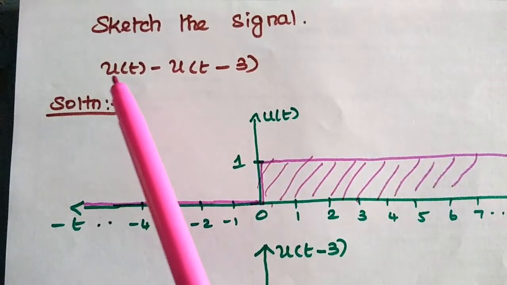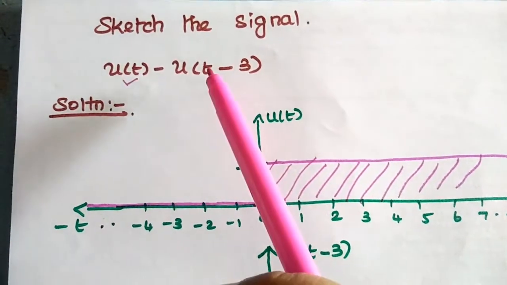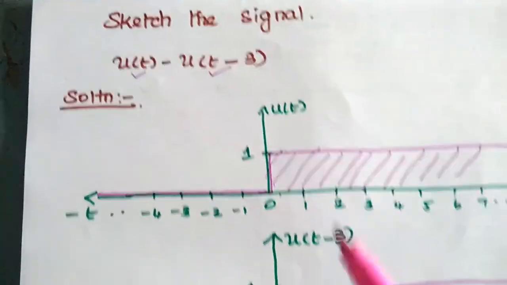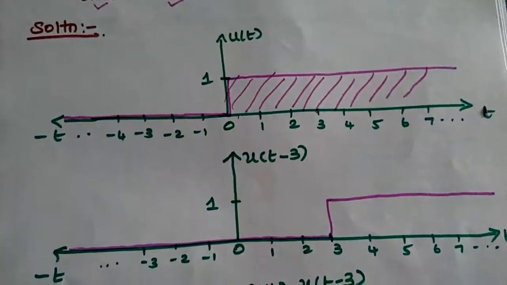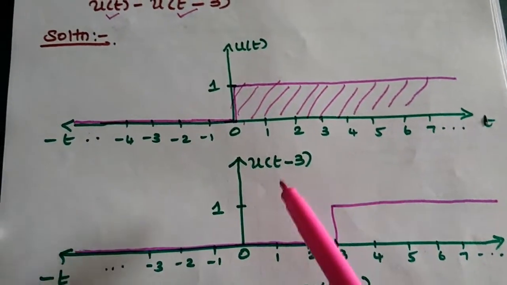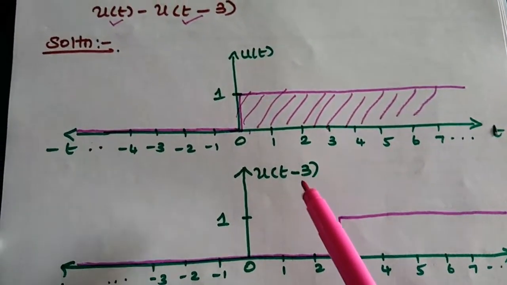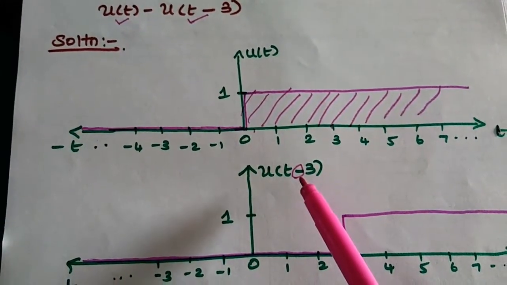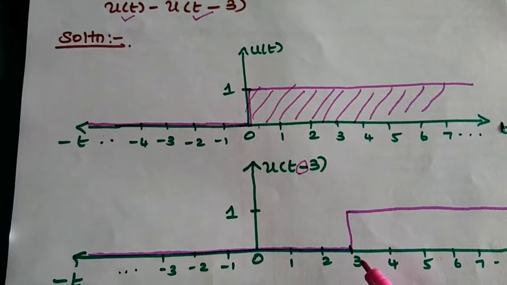So first we draw u of t, and next we are going to draw u of t minus 3. So what is u of t minus 3? Correct. This is u of t minus 3. As we already discussed in the time shifting operation, whenever the minus comes, it is a positive shifting.